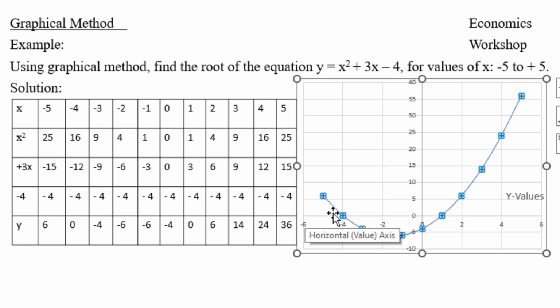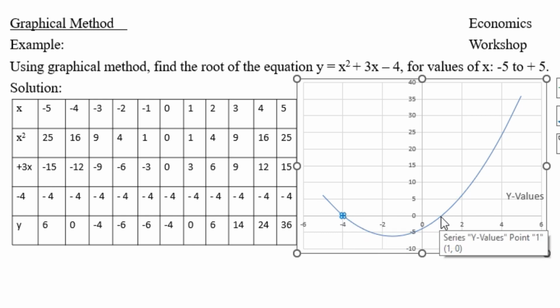This horizontal axis is the x-axis, while this vertical axis is the y-axis. It represents the values of y, this represents the values of x. So this curve cuts this x-axis at these 2 points.